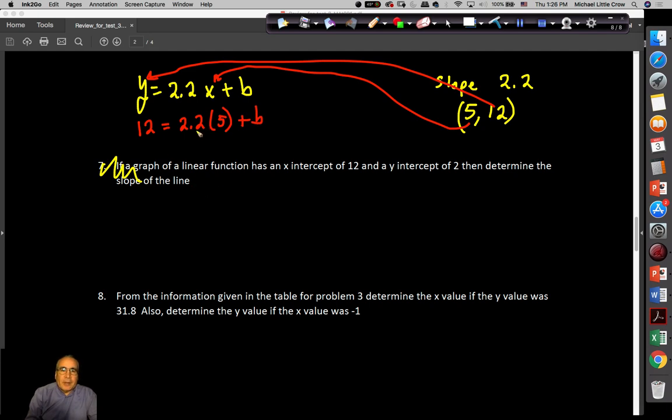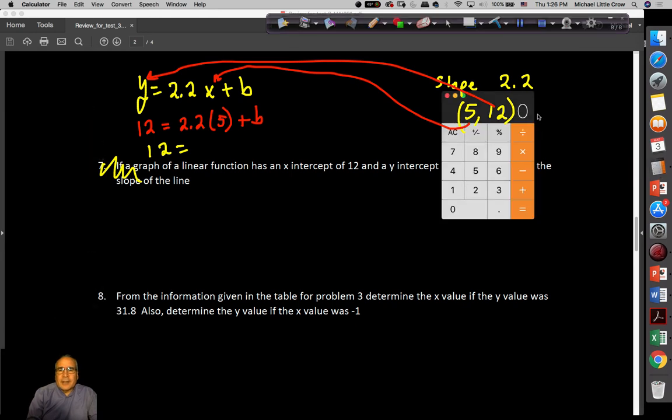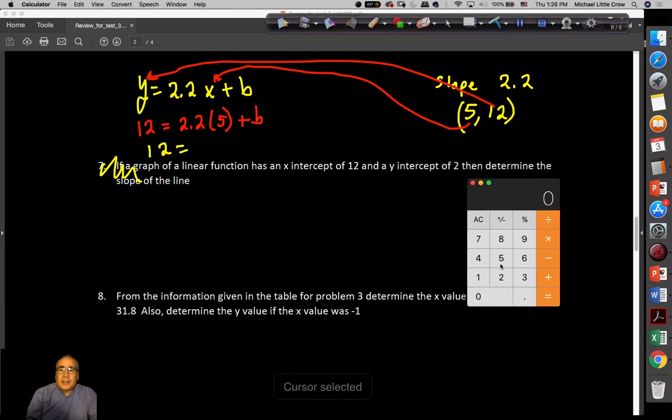We're able to do 2.2 times 5, so we get 12 equals, is that 10.1? Is it 11? I think it's 11. Yeah, it's 11.